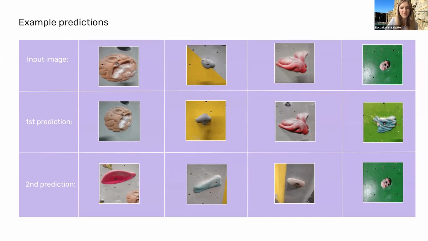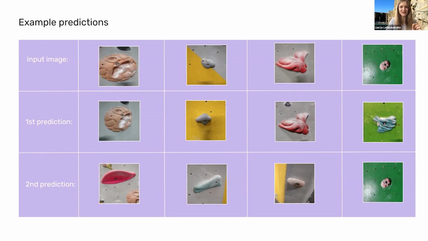As you can see in the first column, it's providing as a first prediction the same hold, so it is understanding that this is the same route. And very interestingly, the second prediction, this brown hold, even though it is predicting the pink route, you can see that hold appears in the corner of it. So even at such a small fraction of the hold, the model is still able to say, hey, this is still a very similar class.